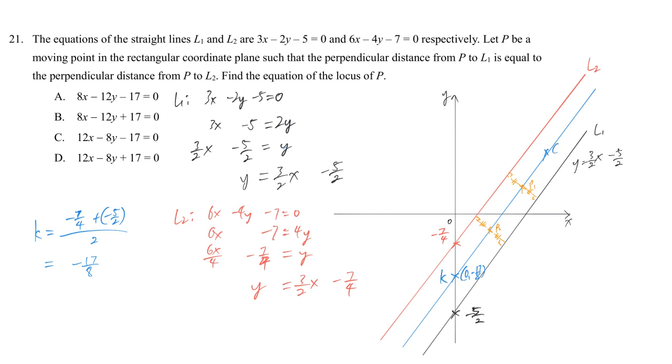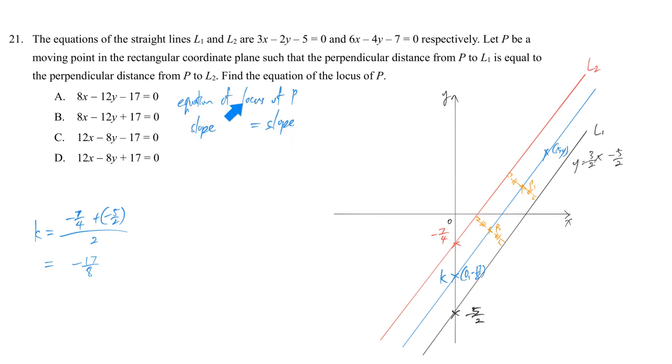For any general point (x, y) on this line, the equation of the locus of P for a straight line is always slope equals slope. So in terms of x and y, we have y minus the y-intercept, negative 17 over 8, so y minus negative 17 over 8, over x minus 0.